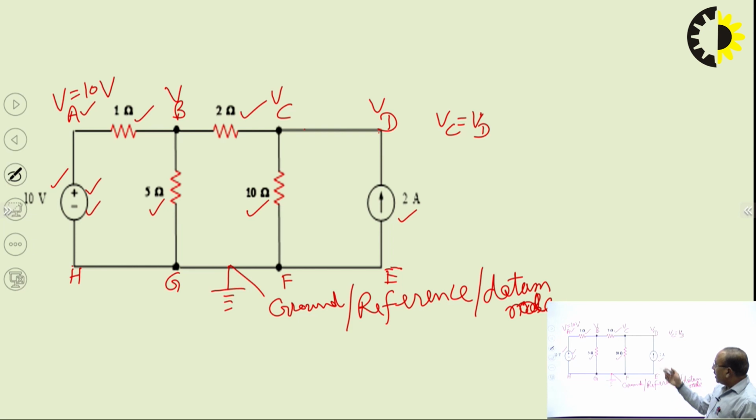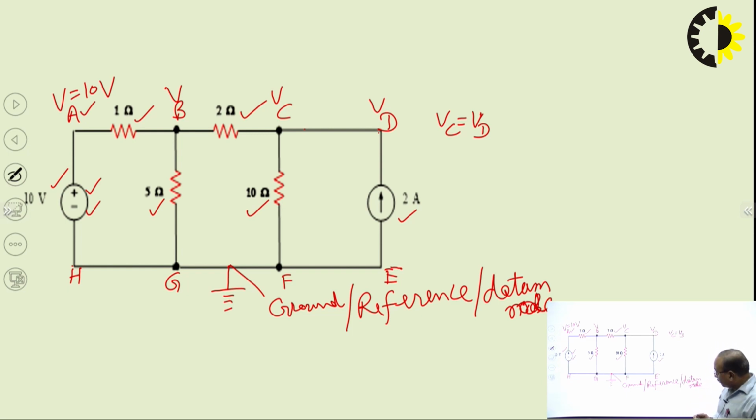So now, after seeing this circuit, we have two unknown potentials: the potential at node B and the potential at node C. Basically, what is a node? That we know. Node means a junction point where 2 or more branches are joining.